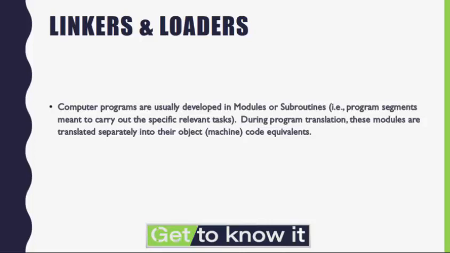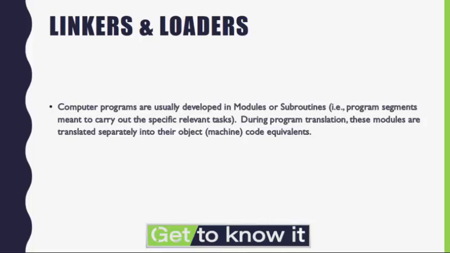But remember, all these modules represent one program. It's one program, only written in different modules. Because they are translated separately, we require linkers to link these modules together, so that all the modules work as one entity.